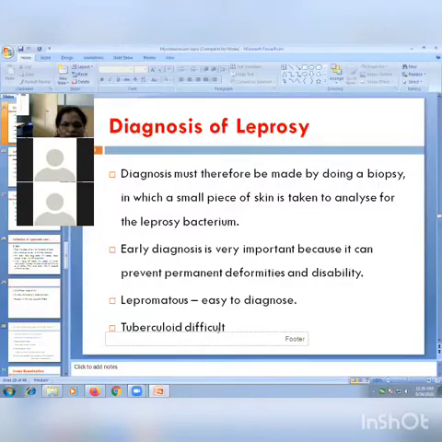So tuberculoid leprosy and lepromatous leprosy we can differentiate. If the number of bacilli is less, we can suspect tuberculoid type of leprosy, and in tuberculoid leprosy the prognosis is also good.